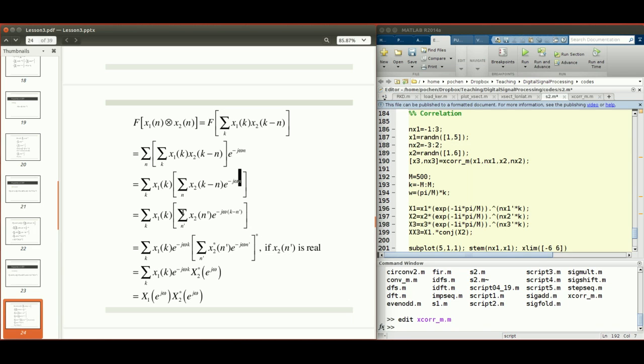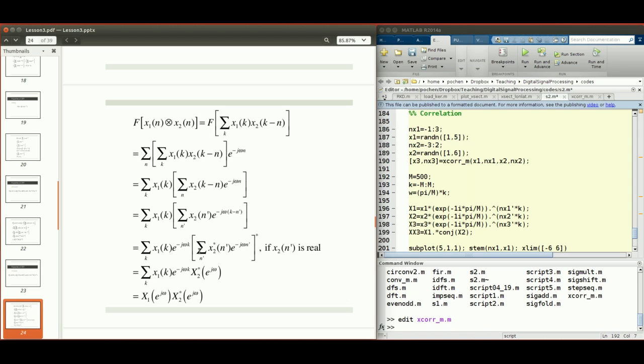And then what's actually left inside the summation becomes the summation over n prime of x2[n prime] times e to the positive j omega n prime, because this minus sign and this minus sign are going to cancel out. And we can rewrite that formula in this particular way.